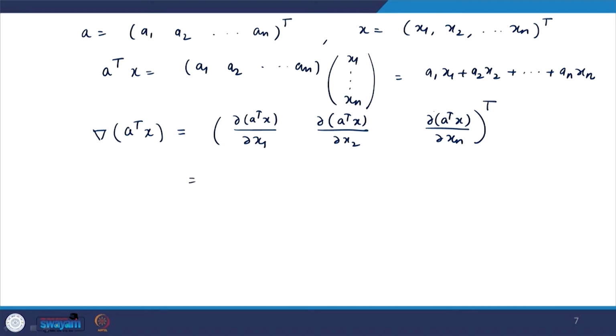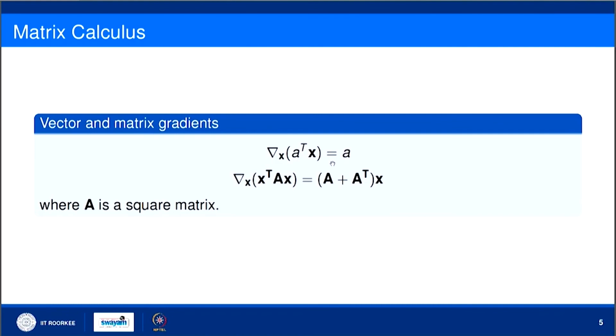What is the partial derivative of A transpose x with respect to x1? Because all are independent variables, with respect to x1 it is nothing but A1 only. So, this will be A1, A2 and so on up to An whole transpose, and this is nothing but A, as we have already seen. So, the first result we have shown is that the gradient of A transpose x is nothing but A only.